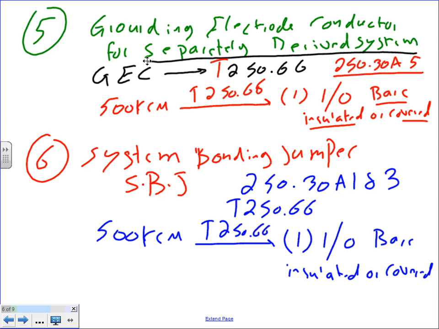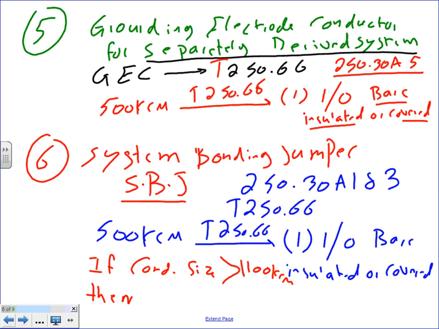And I want to remind you for the system bonding jumper, guys, if the conductor size is more than 1100 kcm, then I bet your person will be very proud of me here, you take 12.5% of the phase conductors.